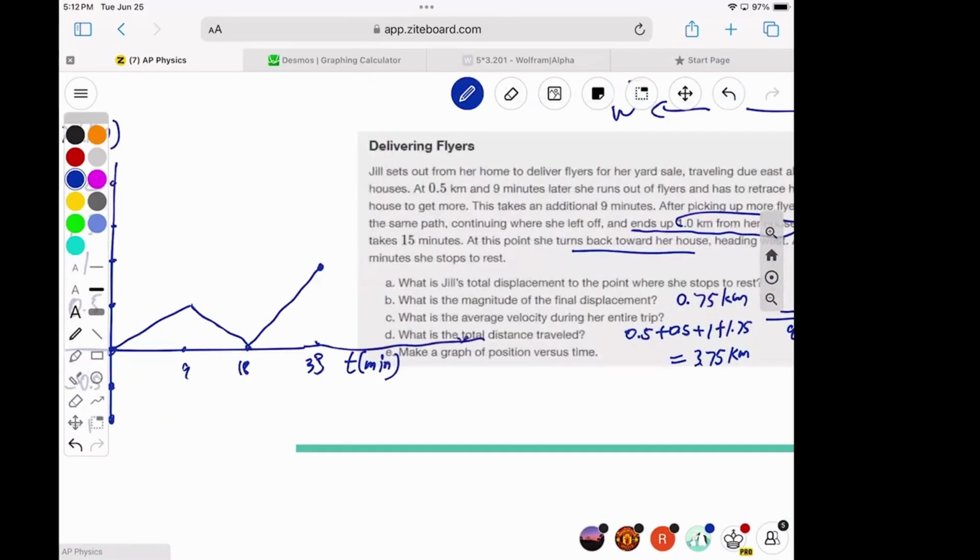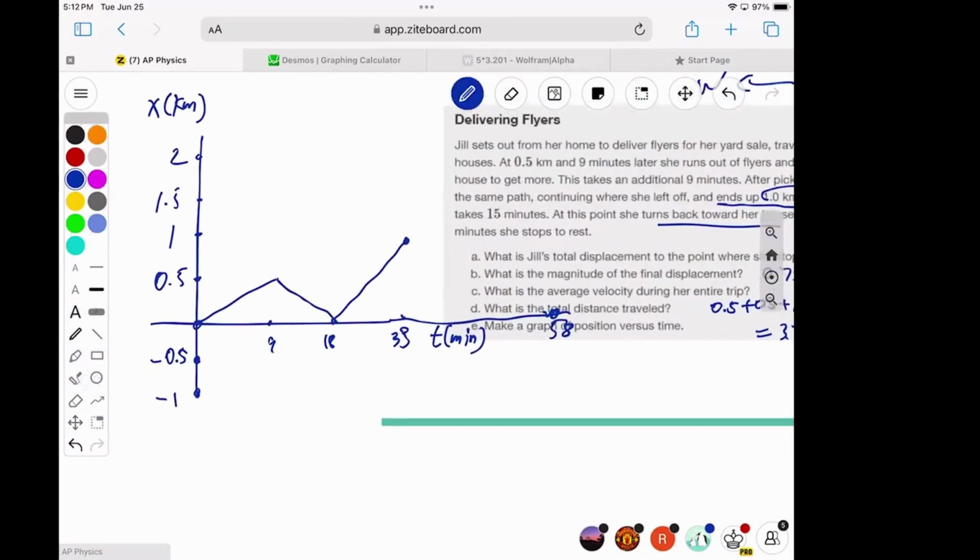So maybe somewhere here. Let's say that's 58. Again, this is not drawn to scale, but I think you get the point. And I'm down to negative 0.75, so somewhere between negative 0.5 and negative 1, and then goes a straight line there. So that will be the position versus time graph.